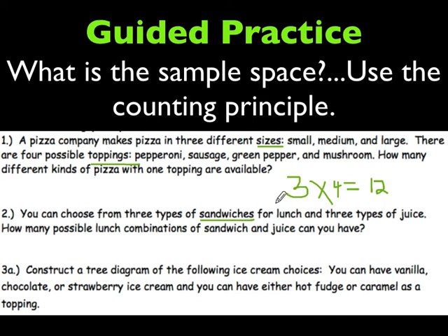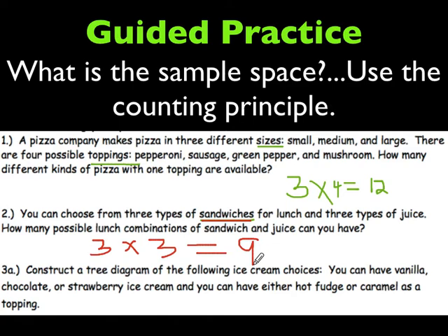You have three types of sandwiches. It's not stated what those three types are. And for the juice, there are also three types of juice. So that means for the lunch, there are nine possible combinations. So that is using the simple counting principle for determining the sample space.